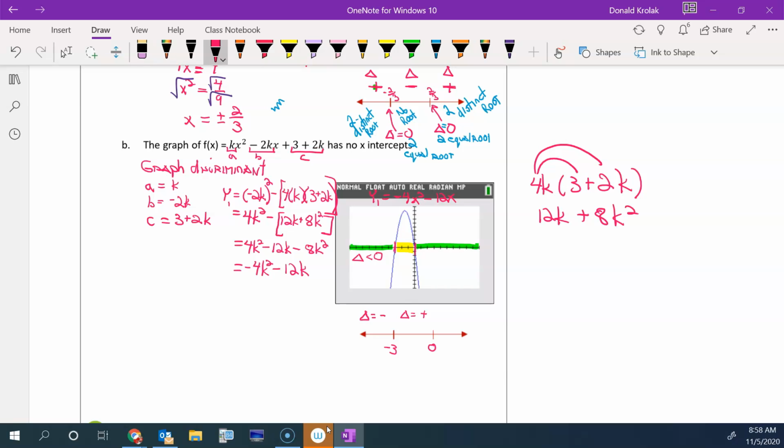And to the right of 0, the discriminant is negative again. And at these two, the discriminant is 0.